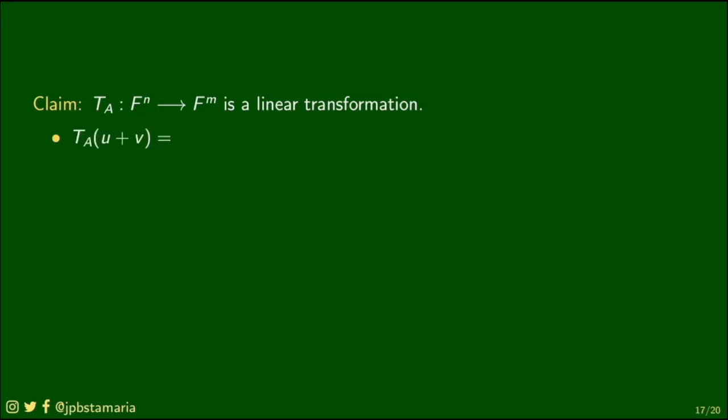This is not hard to do, because if you have two vectors u and v from Fn written in column form, TA of u plus v is equal to A multiplied on the left of the sum u plus v. But because we have distributive properties for matrices, you get Au plus Av, which is TA of u plus TA of v.